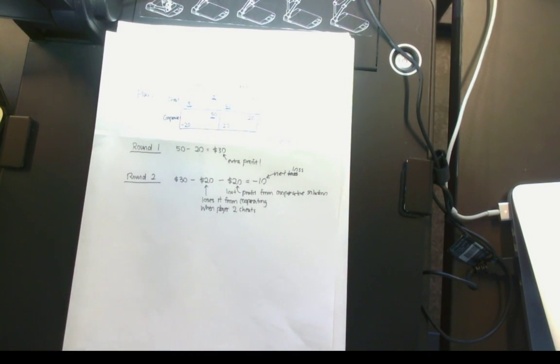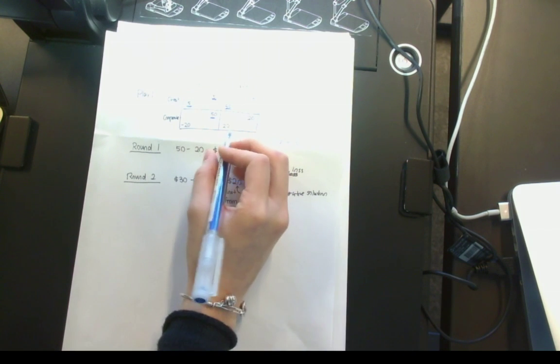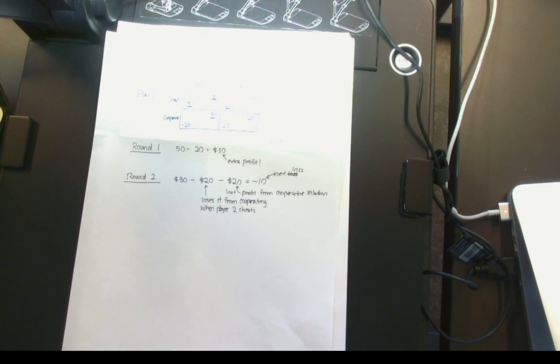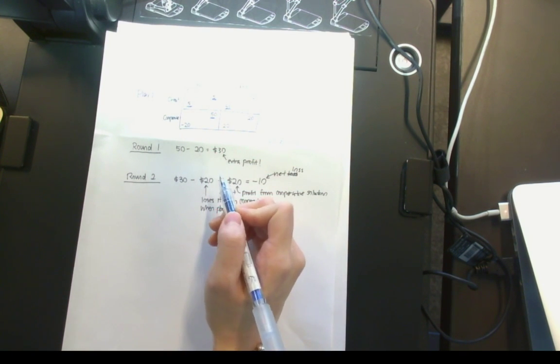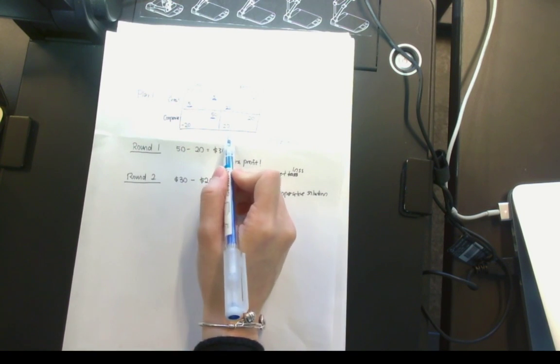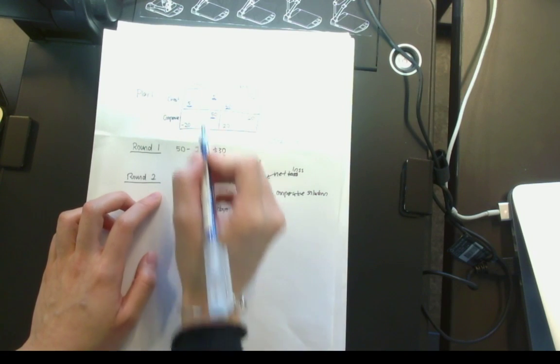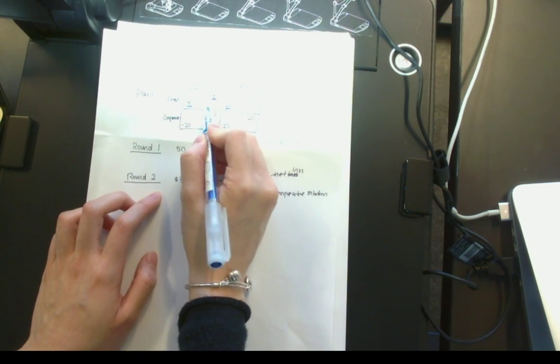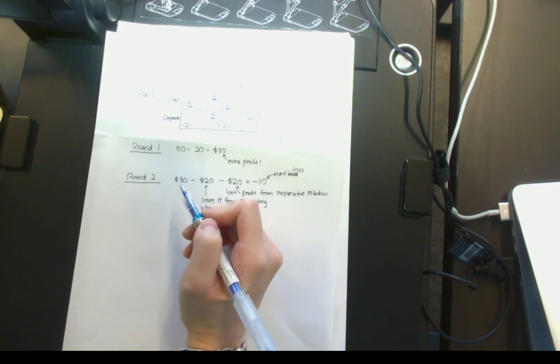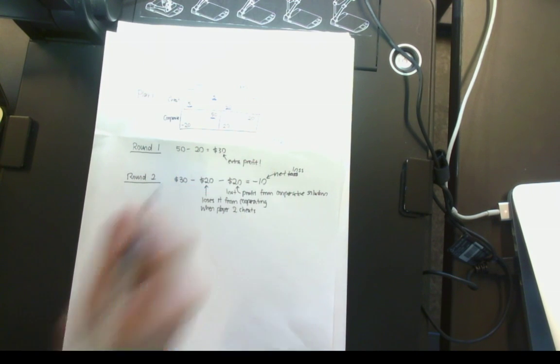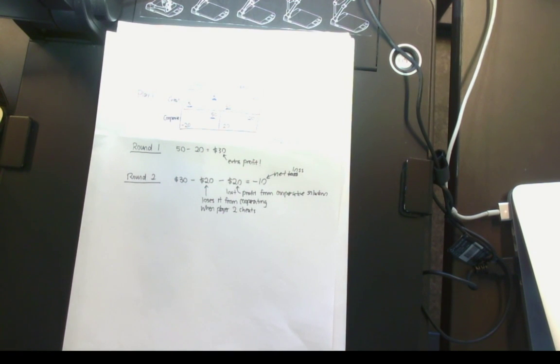But the thing is, player 1 does not have the incentive to deviate from their agreement. Why is that? Because with the tit-for-tat strategy, if player 1 deviates, then in round 2, player 2 will cheat as well.